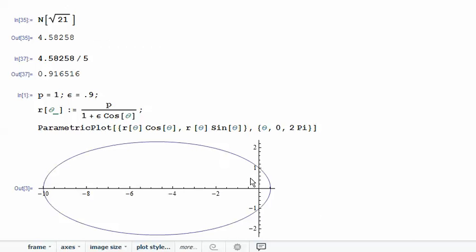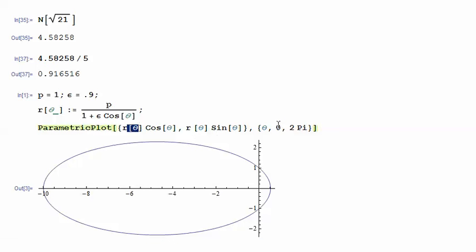And of course r is a function of theta, so I have to make sure that's in there, and we put theta going from 0 to 2 pi, and this is what we get.